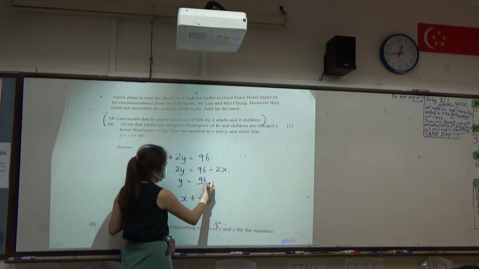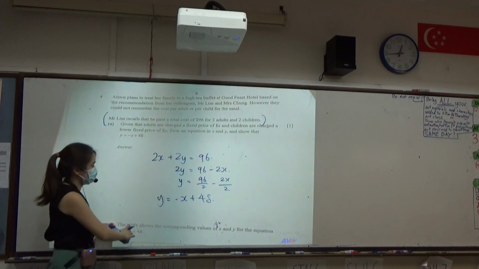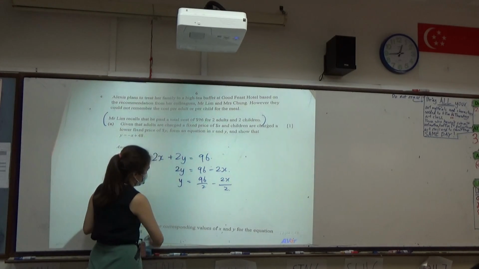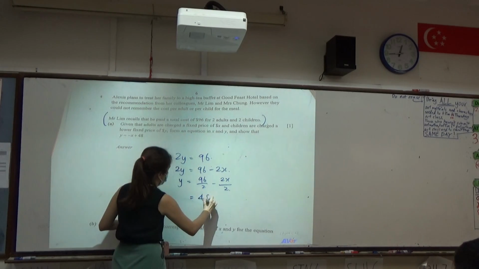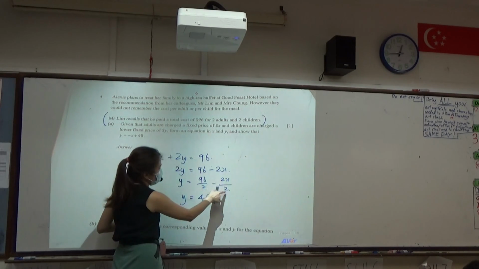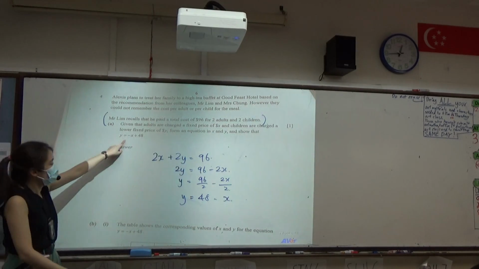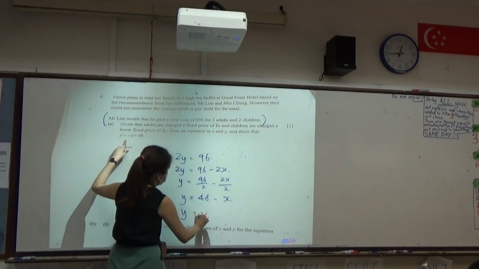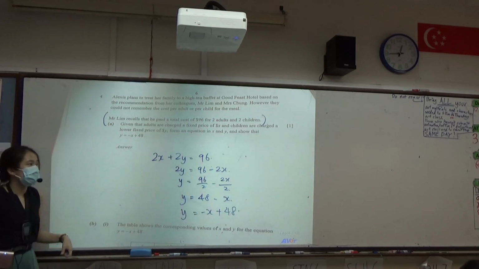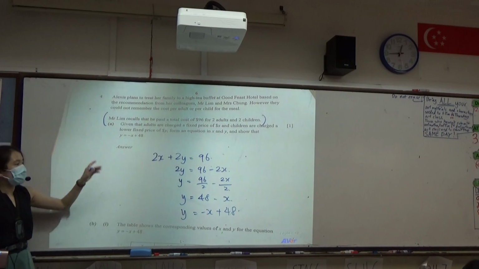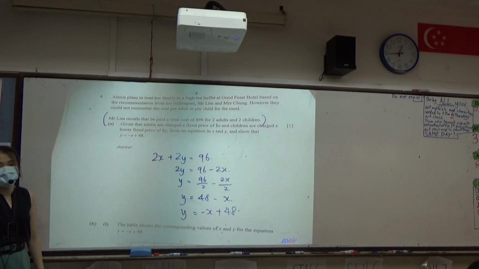So divide by 2 for everything, and I will then have 96 divided by 2 is 48, 2X divided by 2 is X, which is no different from negative X plus 48. That is how you should be showing. I need every single step to give me Y equals negative X plus 48.